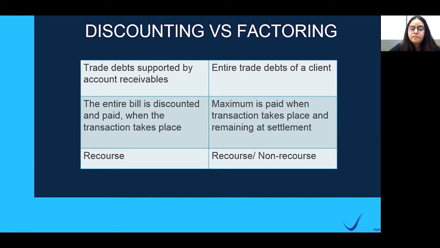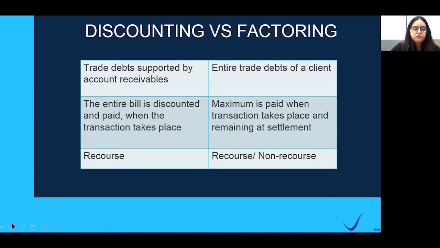The entire bill in discounting is discounted and paid when the transaction takes place, while in factoring, the maximum amount is paid when the transaction takes place and the remaining amount is paid at settlement. Discounting is only with recourse, while in factoring, the exporter has the option of recourse and non-recourse.